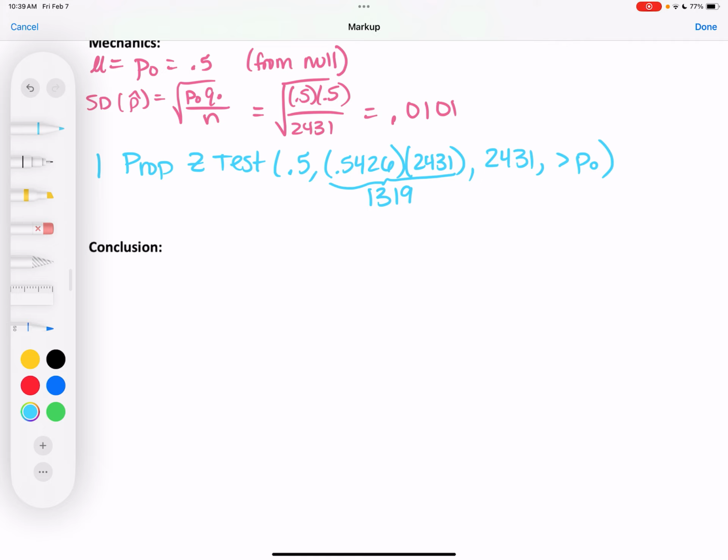So from here, I get a z value of 4.2. And p is 0.00013, and it keeps going.